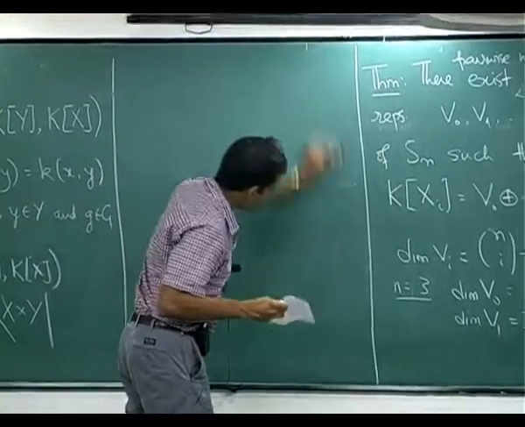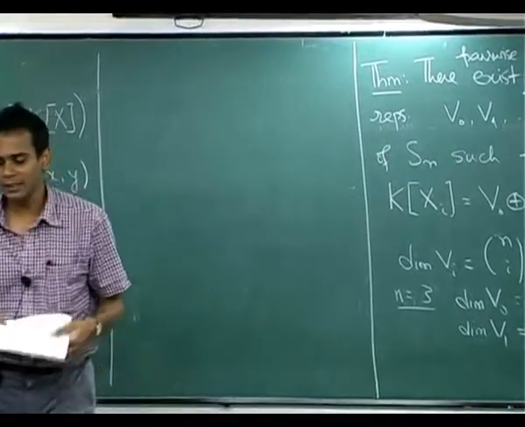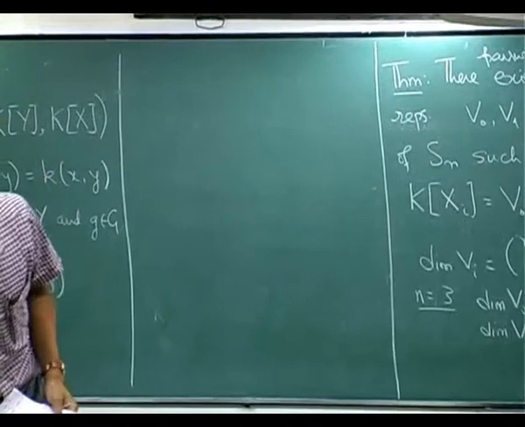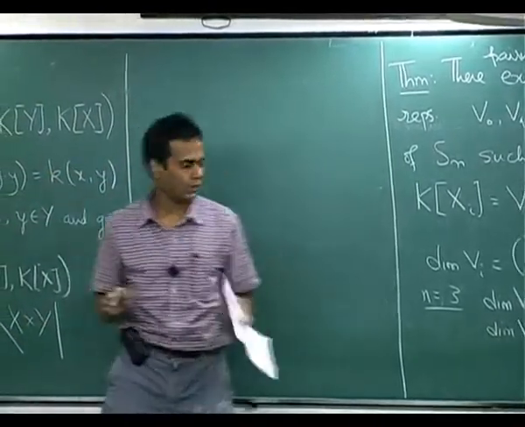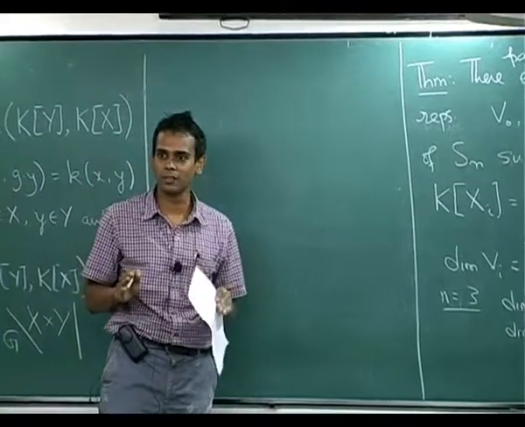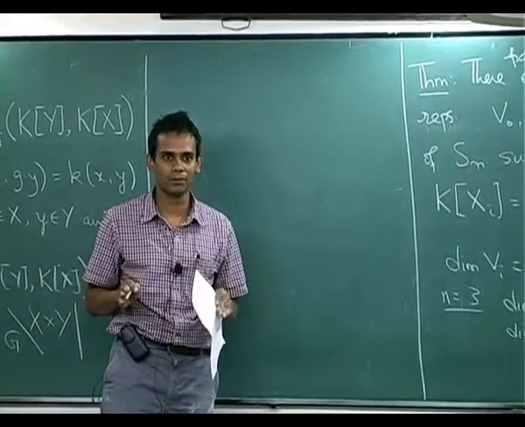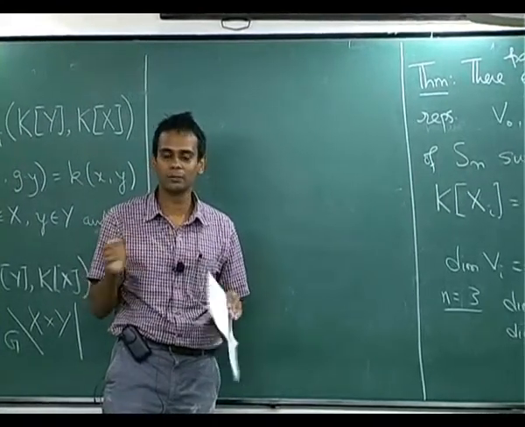So when you have to calculate the character of a representation, you just need to calculate it for one element in each conjugacy class. And I hope you all know that the conjugacy classes in the symmetric group are determined by the cycle decompositions, and those are just partitions of n.